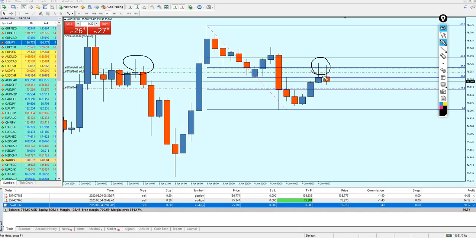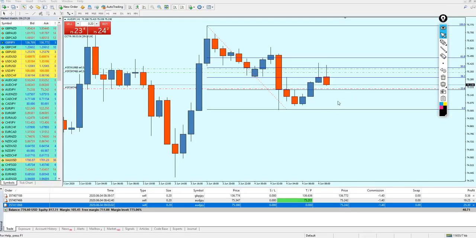So I was prepared for the losses. I wasn't 100% sure that the price is going to reverse here. However, that is just from my experience. I analyzed it and I expected it to create double wicks here, and indeed it's reversing. So everything is going well so far. Let me just now again pause the video, and I'll come back to you later to show you what is going to happen with these remaining trades.